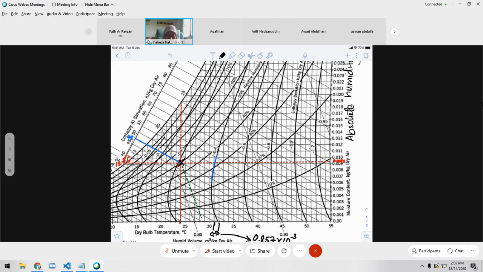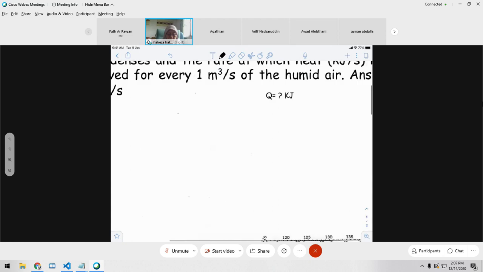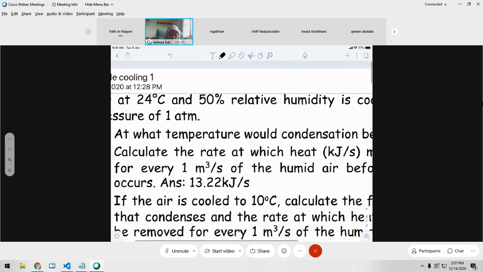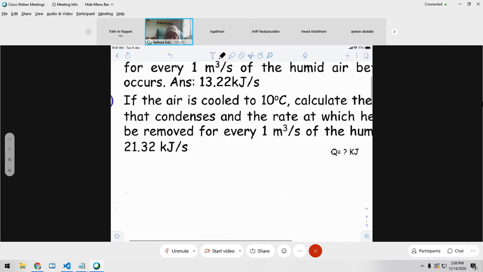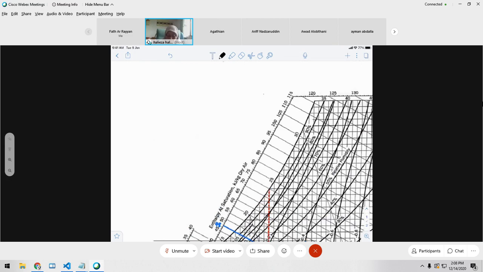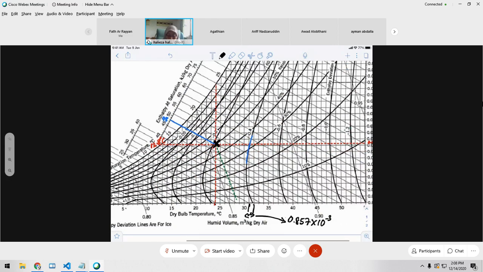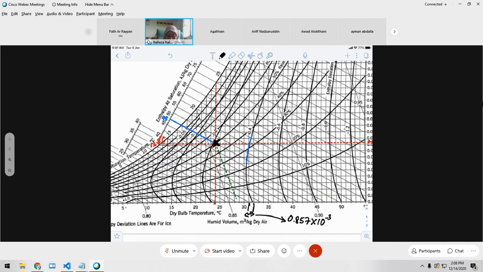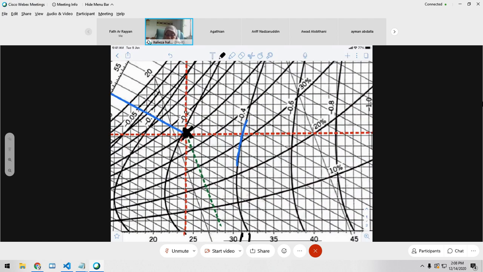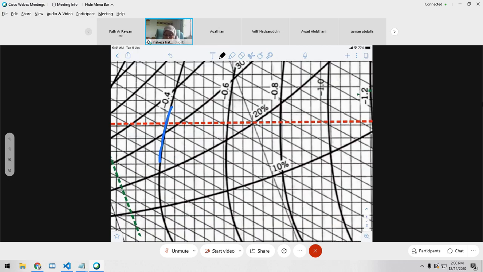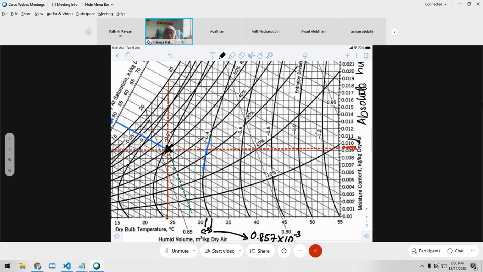I marked it using black. That point is at a temperature of 24 degrees and 50% relative humidity. If you look at that temperature and relative humidity, you get the point of interest. If you want to know the absolute humidity, you go horizontally and you'll be able to get the absolute humidity.